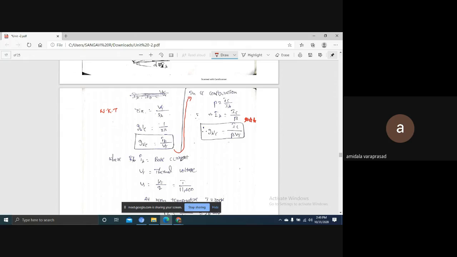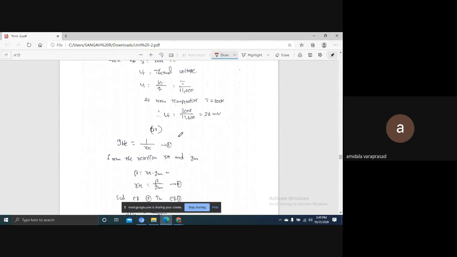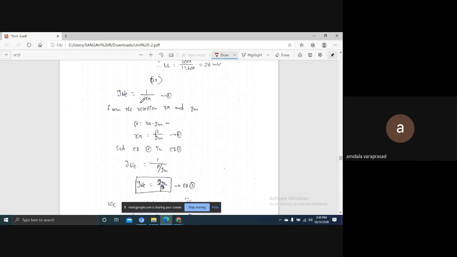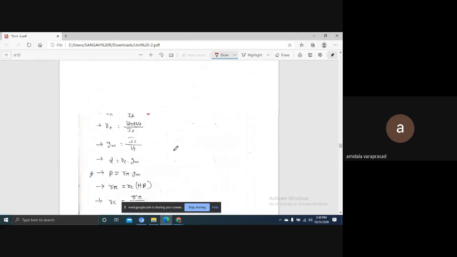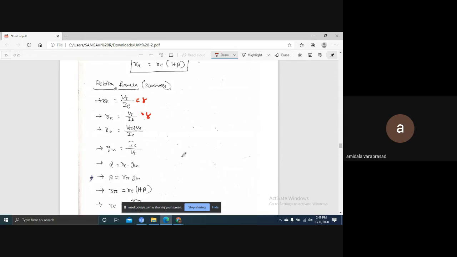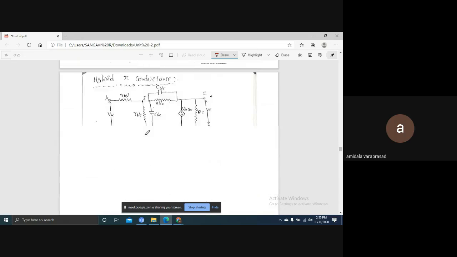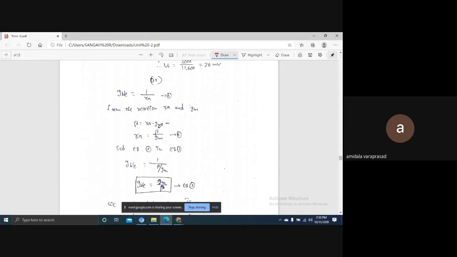Next, there is another way to find it, but one way is this one. Another way: G dash is equal to 1 by R pi. From the relation between R pi and GM, beta is equal to R pi into GM.